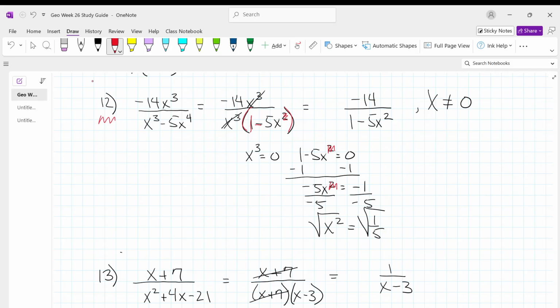And then when you divide each side by negative 5, we wouldn't have had to deal with an x squared. All right, we would have just had x is equal to 1/5. So the other exclusion is that x cannot be equal to just 1/5.